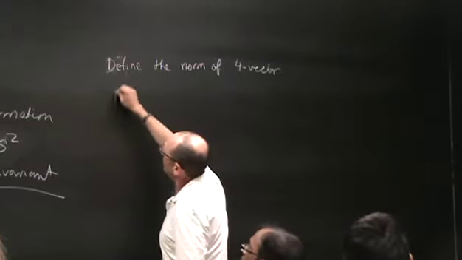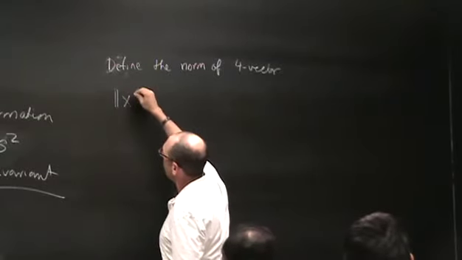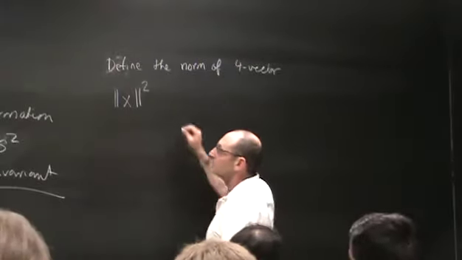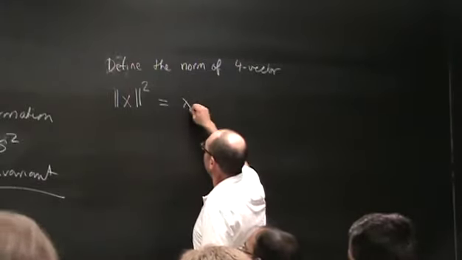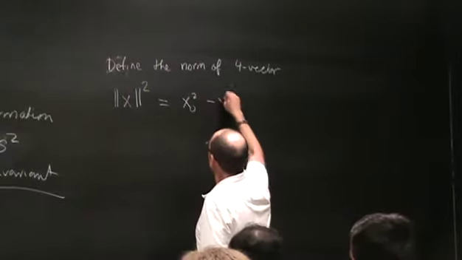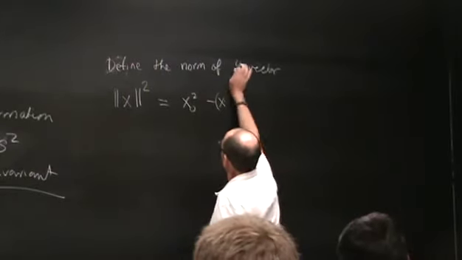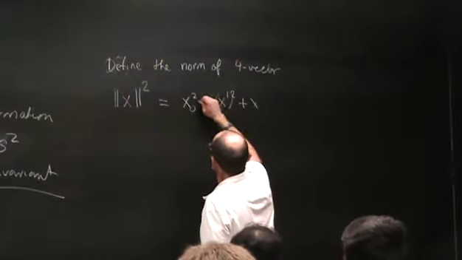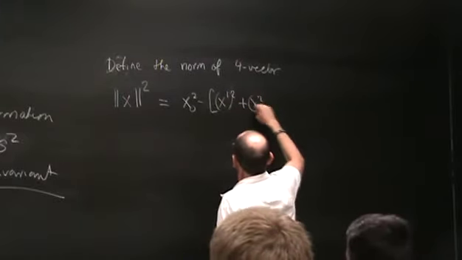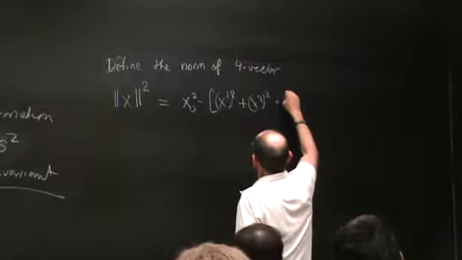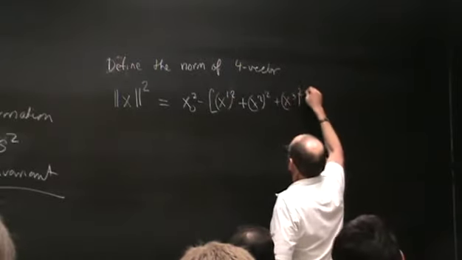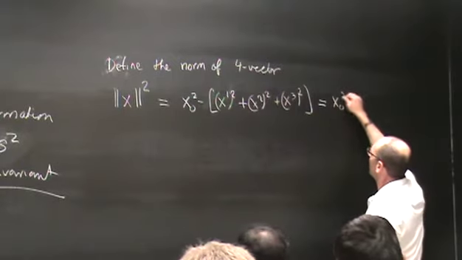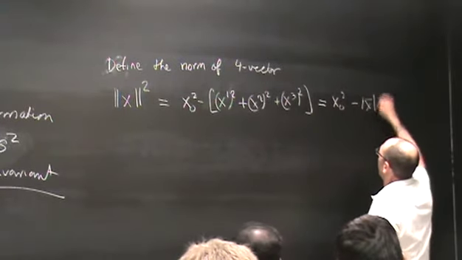So I define the norm squared of the 4 vector x as x0 squared minus x1 squared minus x2 squared minus x3 squared, or x0 squared minus x squared.